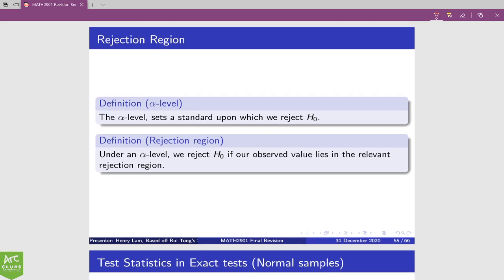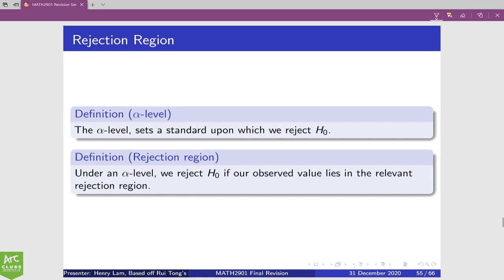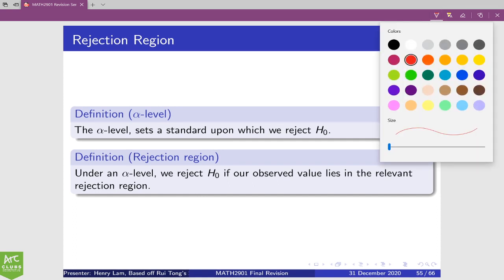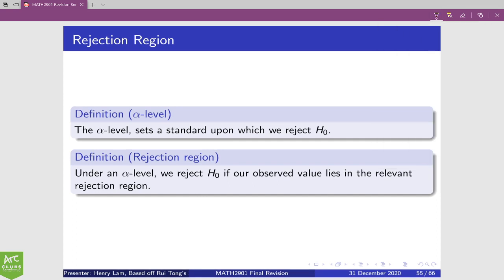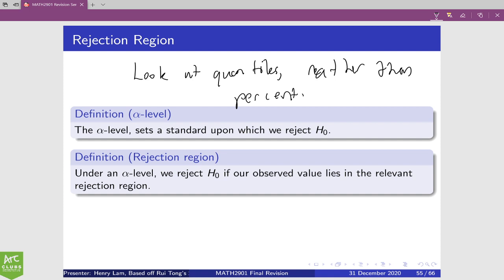Now, the rejection region is another way you can do the test. It's basically the same thing, but instead of looking at percentiles, you look at quantiles. You should get the same answer anyway, but it depends on which one you like more, or what the question asks for.